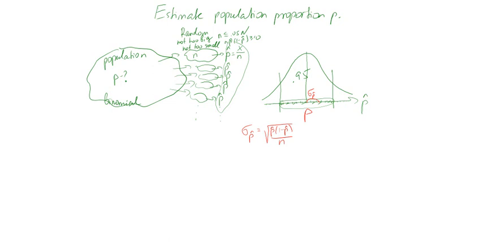So the question is, how do I construct a confidence interval? How do I pick just one p-hat from one sample and get a good confidence interval?